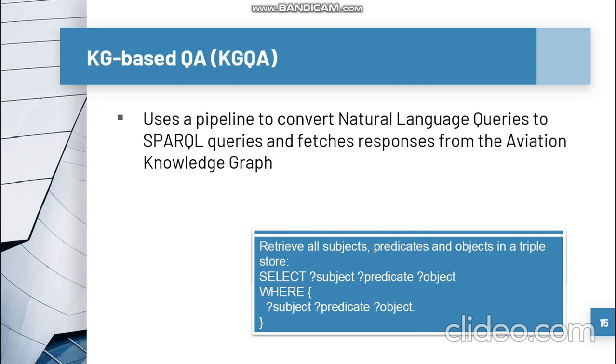The subject is the main thing, that is, whom or what it is talking about. The predicate is the action performed on an object, and the object is the noun on which the action is performed. So here the query asks for where subject, predicate, object, and it retrieves all the subjects, predicates, and objects.